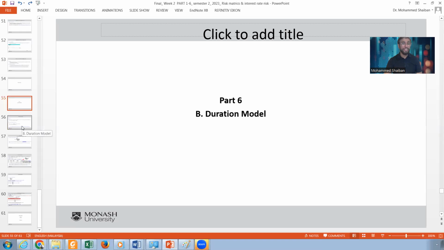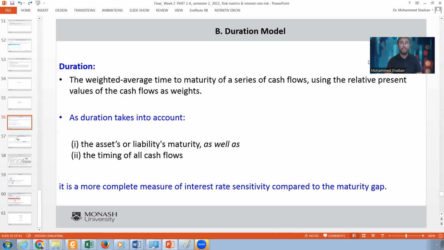This is how they define the duration. The duration is actually the weighted average time of maturity of a series of cash flows using the relative present values of the cash flows as weights. Now, this may not be a very clear definition. It's the formal definition, but we want to see how it is translated in numbers.